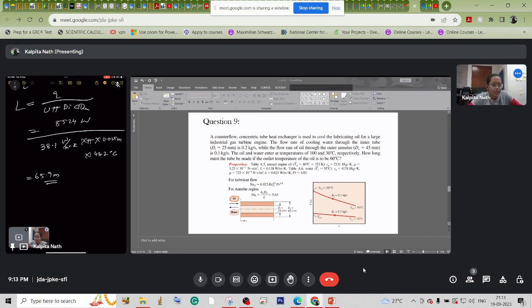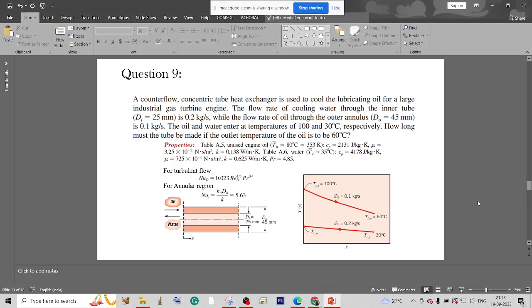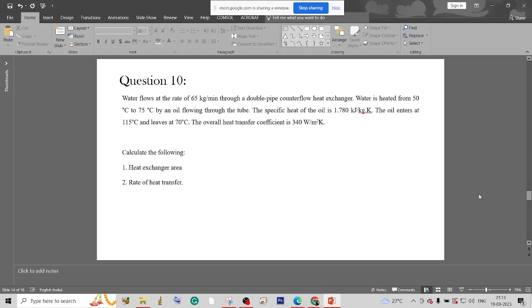You understood this, right? So there is no problem in understanding this. Now let us proceed to question number 10. Water flows at a rate of 65 kg per minute through a double pipe counterflow heat exchanger. Water is heated from 50 degrees Celsius to 75 degrees Celsius by an oil flowing through the tube.